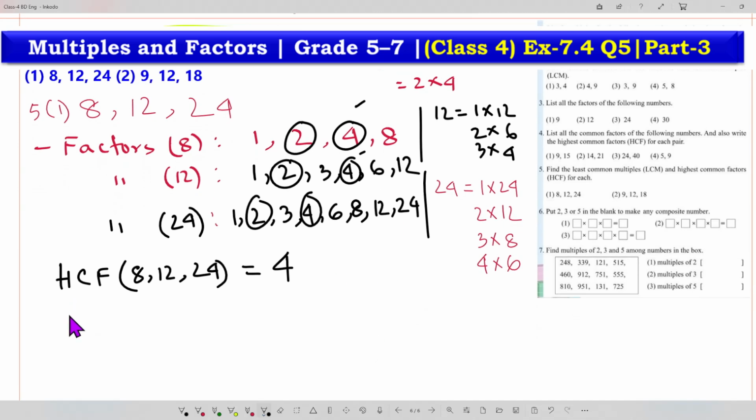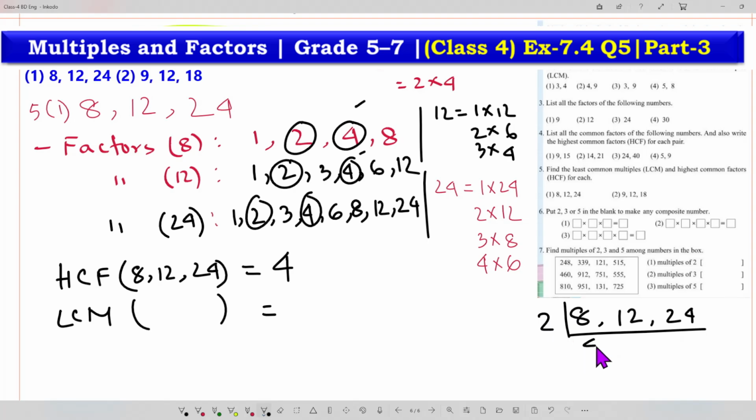So what about LCM? Least common multiple. This one we can find like 8, 12, 24. First we can divide by 2, so it will be 4, then here is 6, then here is 12.